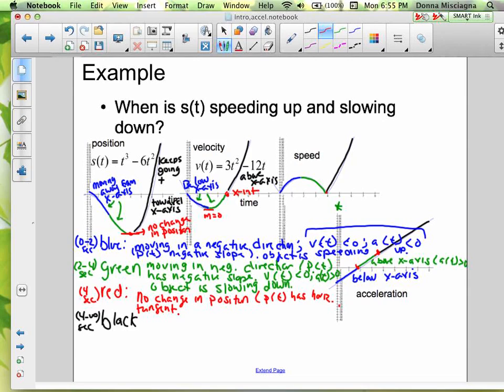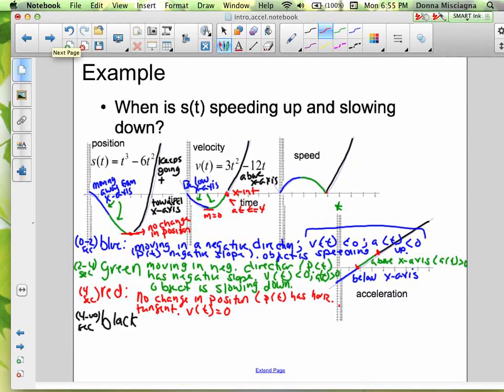At 4 seconds, notice our velocity changes from negative to positive. So v of t is 0, right? Right here, that's an x-intercept. So right there, at t equals 4, the velocity is equal to 0.